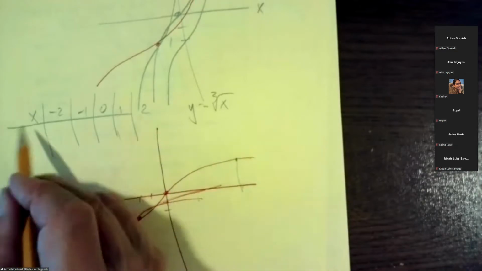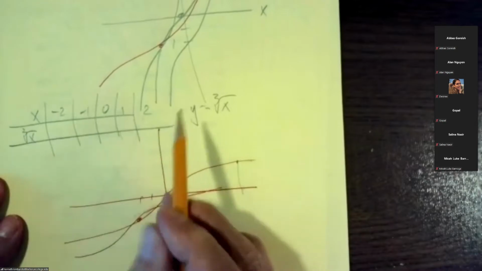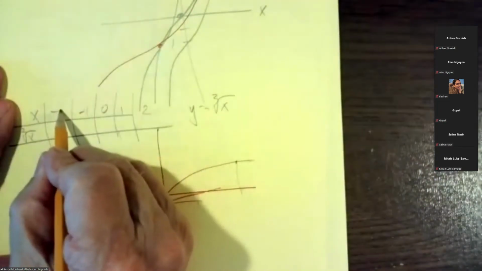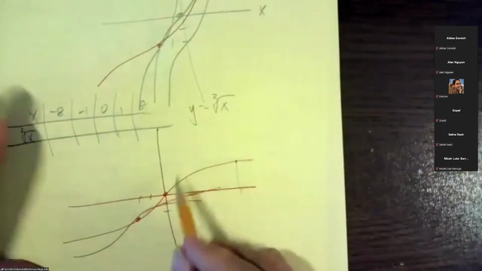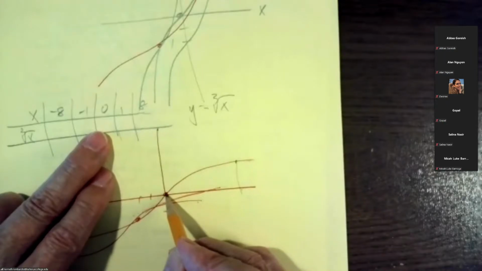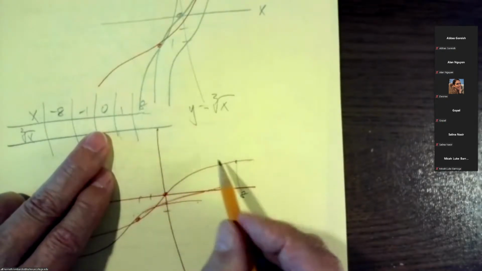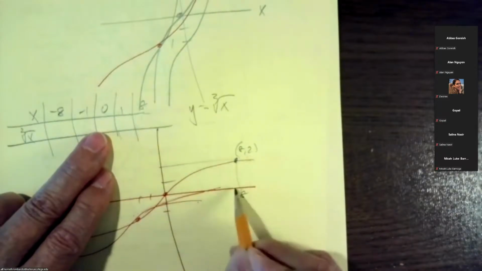So then we shift it. Instead of saying 2, let's say something we can take a cube root of, let's say 8. So 0, 0. And if we go out here, 8, cube root of 8 is 2. So we're going to say this value is 8 and 2, aren't we?